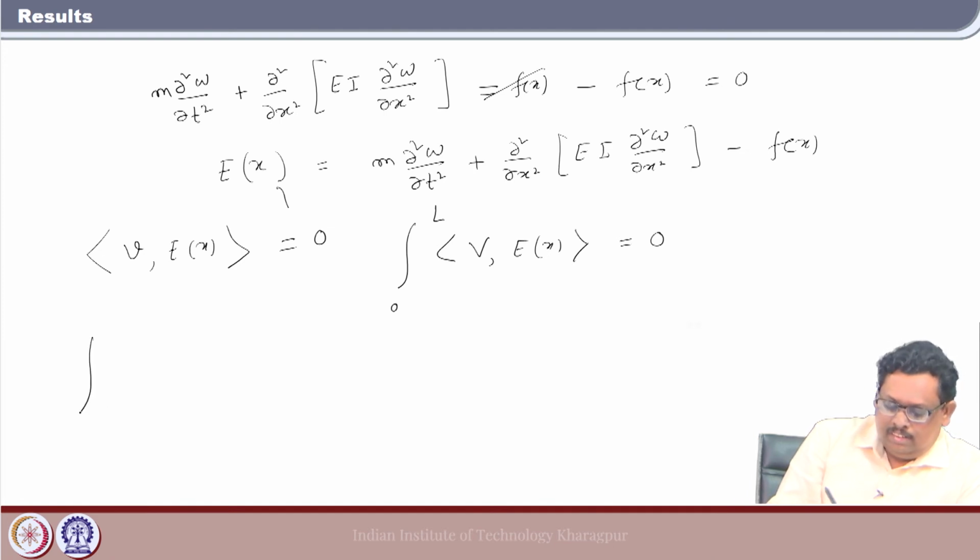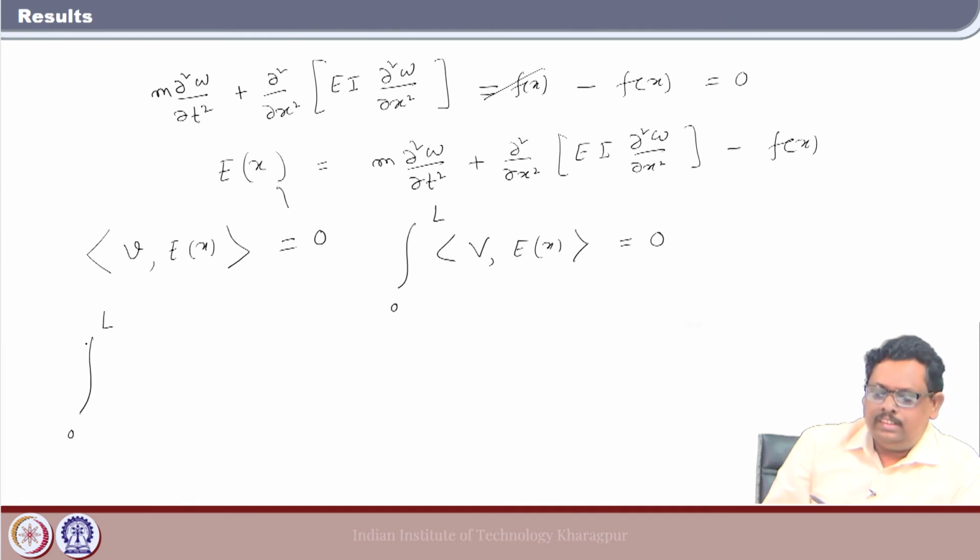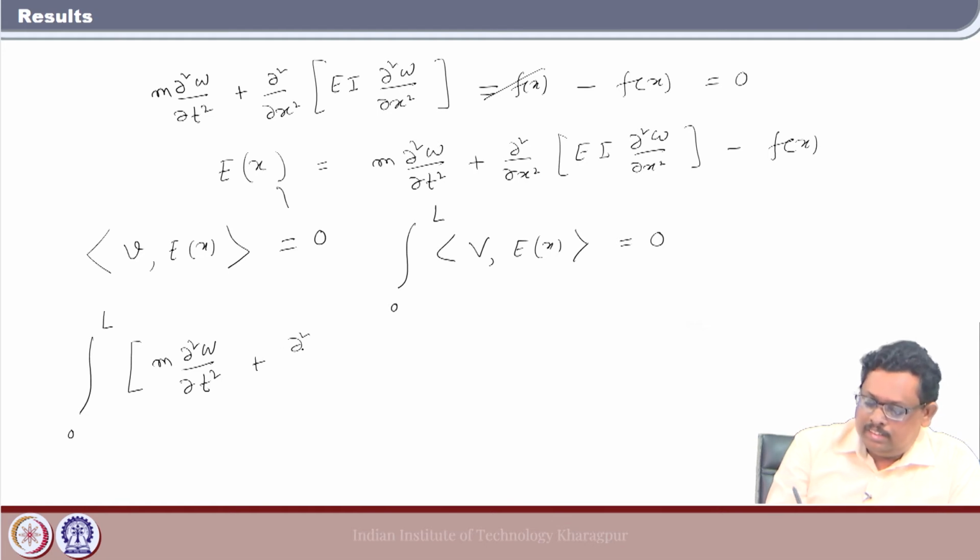It means that I just multiply and integrate from 0 to L the whole error function, which is m into del square W by del t square plus del square by del x square of E into I into del square W by del x square, minus f of x.